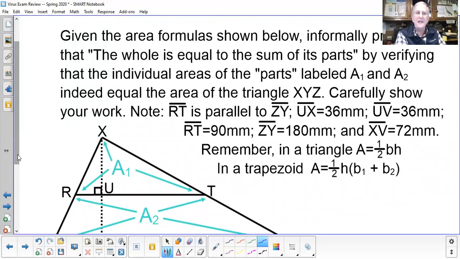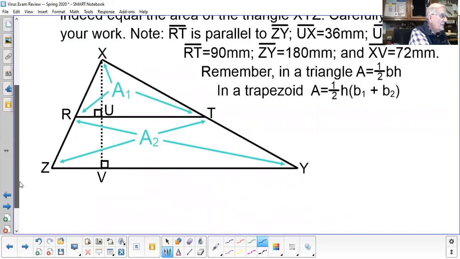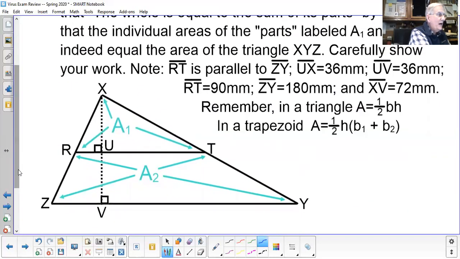Let's determine if the areas of the parts, A1 and A2, are exactly the same put together as the whole triangle XYZ. So let me move this down. Now, I think the simplest thing maybe to do would be for you to take your figure and, if you can, label the various dimensions of it that you're going to need.